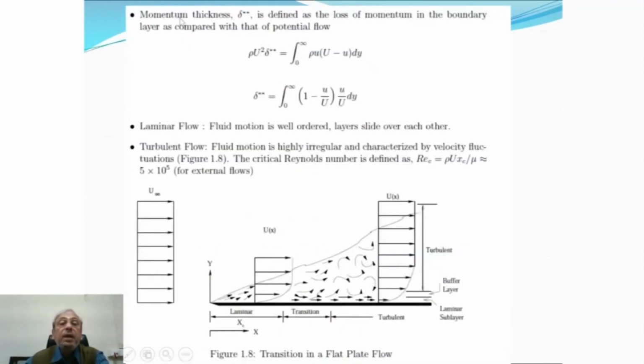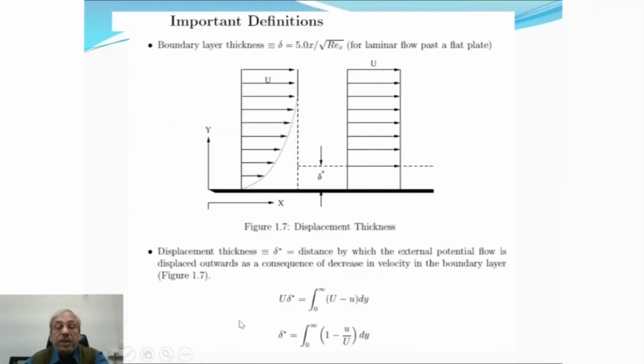In a similar way, momentum thickness delta double star is defined as the loss of momentum in the boundary layer as compared with that of potential flow. Here, when calculating displacement thickness, we calculated the volume or mass by which the potential flow is as if displaced, as a consequence of decrease in velocity in the boundary layer.